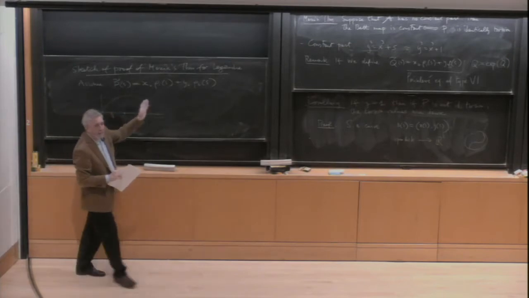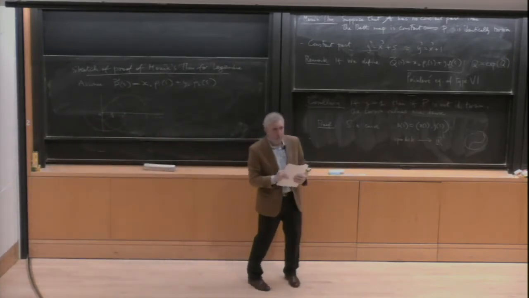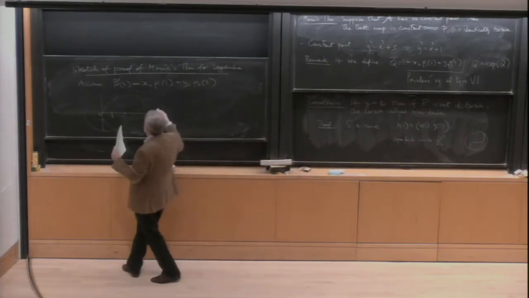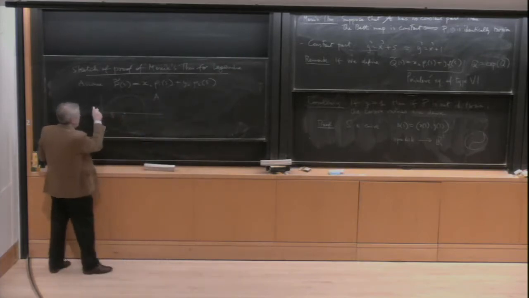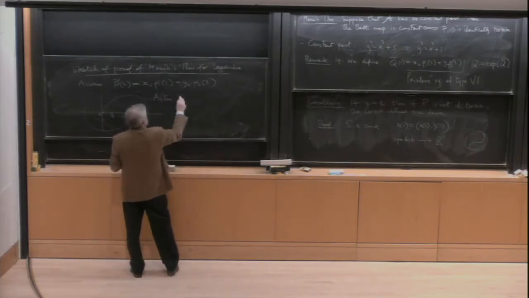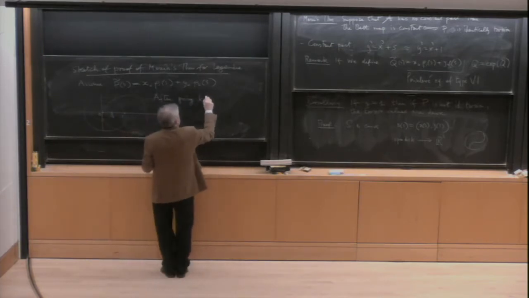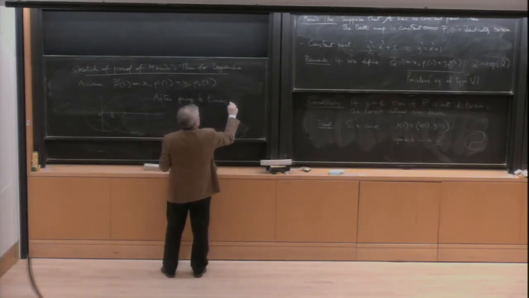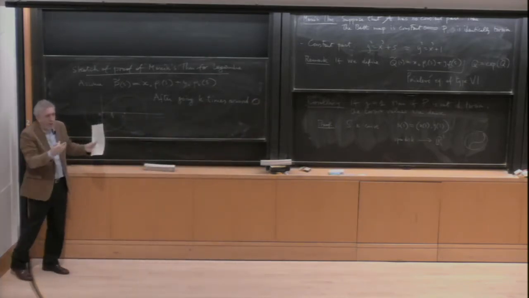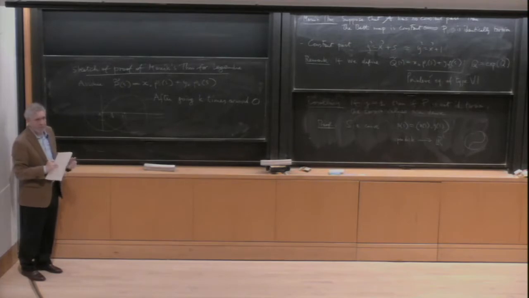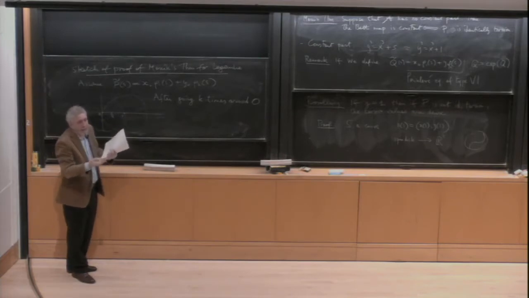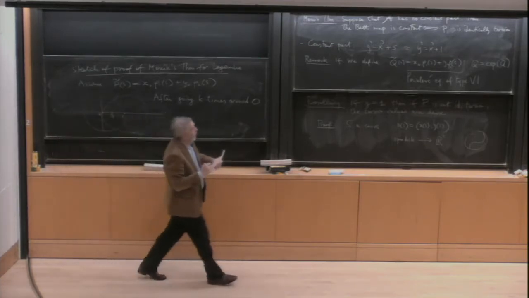But since P tilde comes from an algebraic function, the algebraic function has finite monodromy. So after going k times around 0, where k depends only on the section and is a positive integer, this P tilde of S will be another determination of the same function.